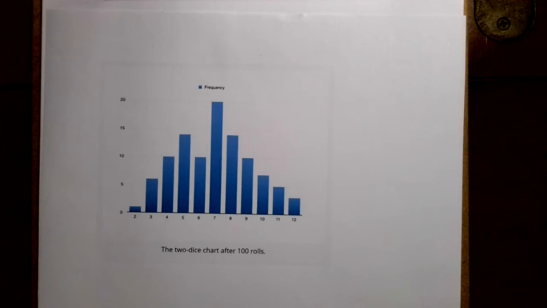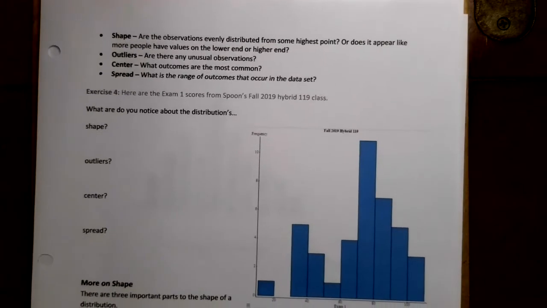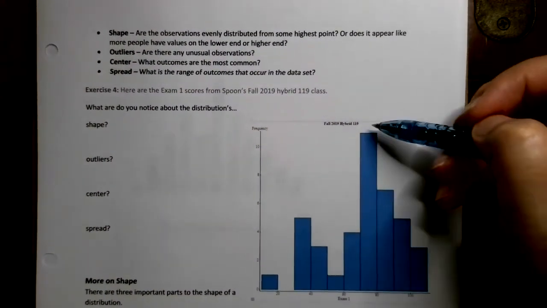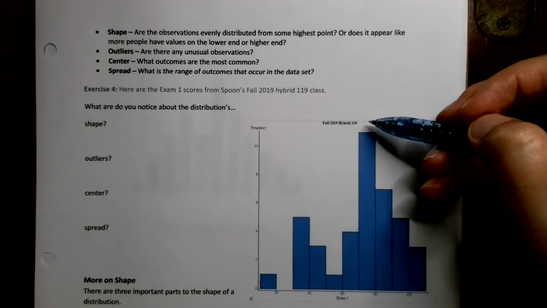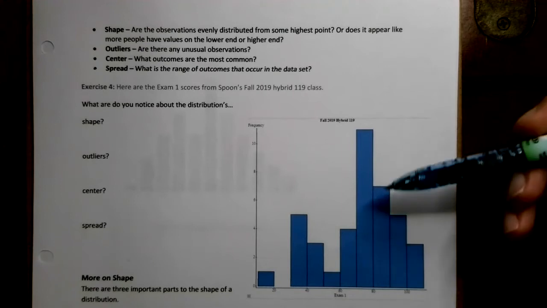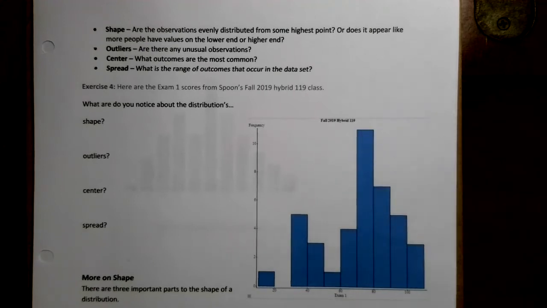All right, here's another display. This is the exam 1 scores for a fall 2019 hybrid math class. So basically what we're wondering is, what's the shape of this data?